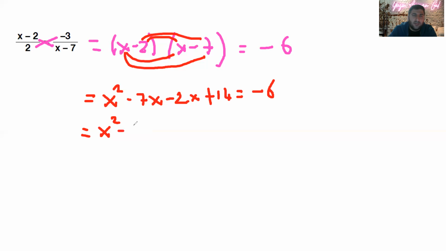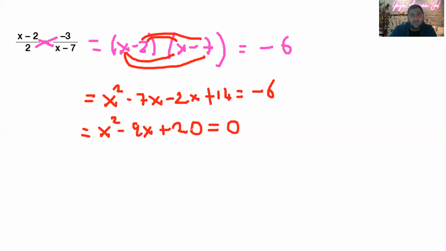Right, negative 9x. Then plus 14 here, I'm going to take this negative 6 also that side. It's going to be 14 plus 6 will be 20. Plus 20 equals to 0. Now again, there is a trinomial, as you can see.